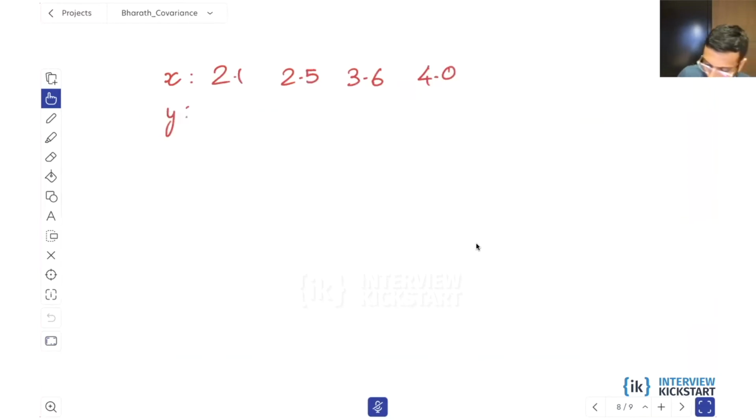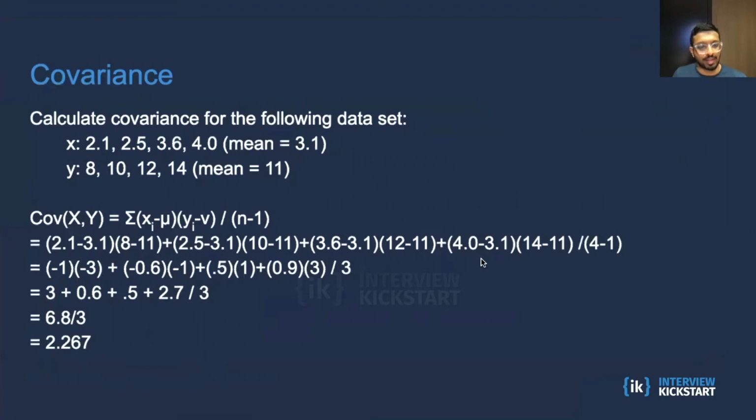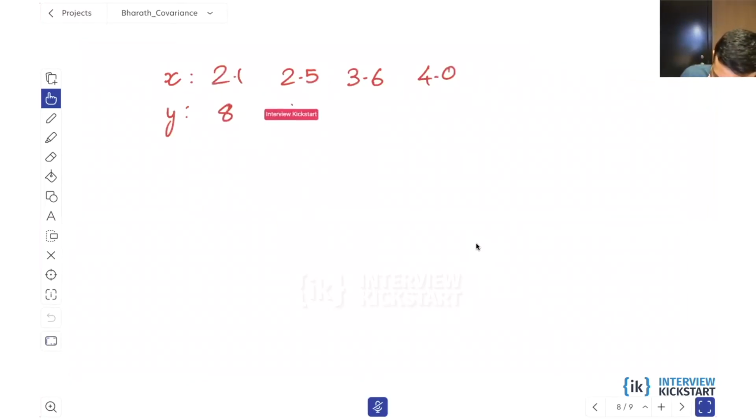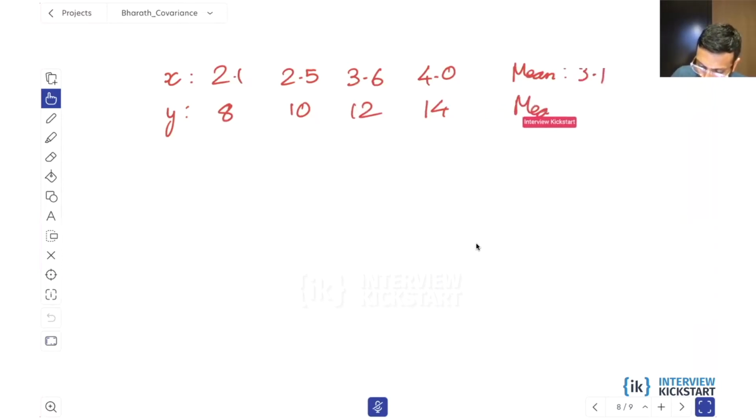And y, in this case, is 8, 10, 12, 14. The mean of x, we can calculate from these values, turns out to be 3.1. And the mean of y is 11.